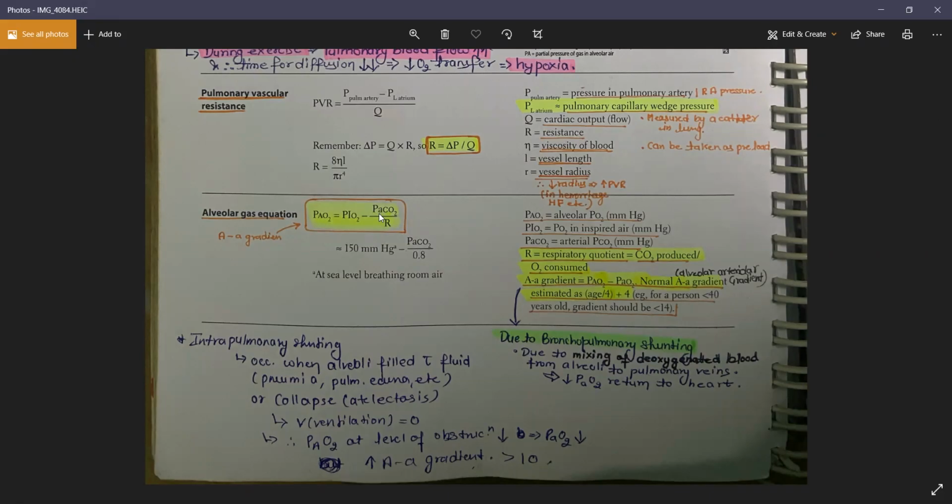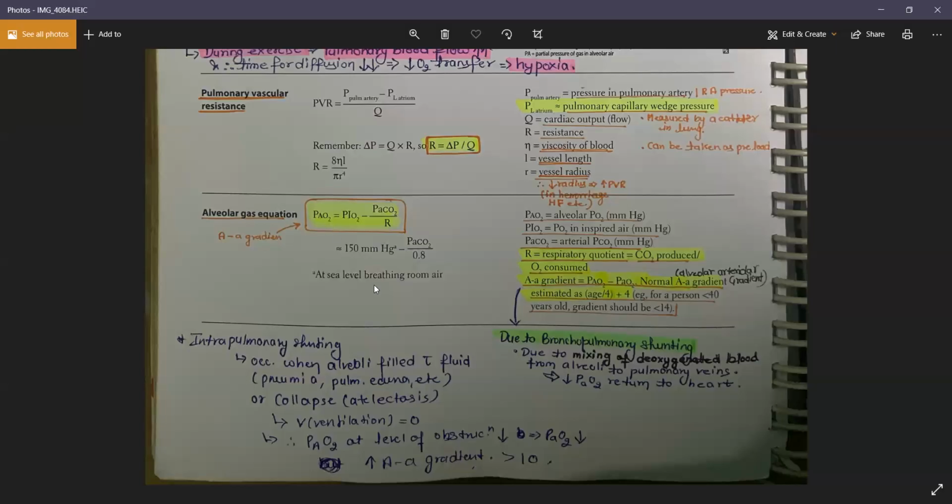The respiratory quotient equals the CO2 produced divided by the oxygen consumed. This gives you 150 mm Hg, the partial pressure of oxygen in the inspired air, minus the arterial CO2 divided by 0.8. This is at sea level, where the partial pressure of oxygen in the environment is 150 mm Hg. So in the inspired air you will have 150 mm Hg of oxygen. This equation will determine how much PAO2 you will get.